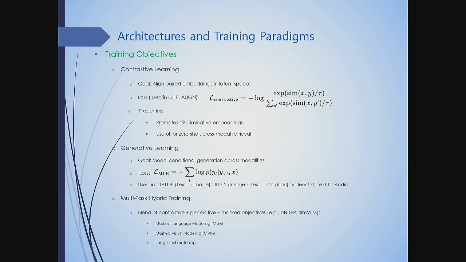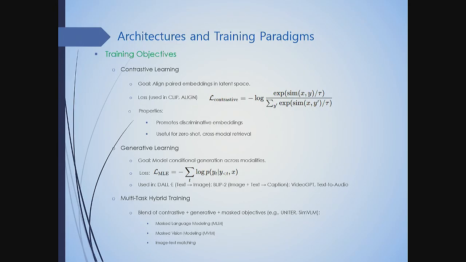In terms of training objectives, you always try to get a minimum loss function. You know the contrastive loss already, and then you also have the generative loss. These are very important, fundamental papers. If you are doing NLP, you should know them, even transformers. These are very fundamental expressions, with the cosine similarity, the temperature, and so on. The goal here is to align the paired embeddings.